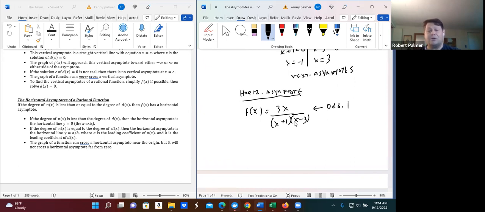And down here, if we actually multiply this out, we see we have a degree of 2. So this is a first degree polynomial, and this is a second degree polynomial. So in that case, we look at what we said here: if the degree of the numerator is less than the degree of the denominator, the horizontal asymptote is just the x-axis. So what happens far from zero is your denominator is going to be bigger than your numerator, and so the whole thing is going to go to zero.